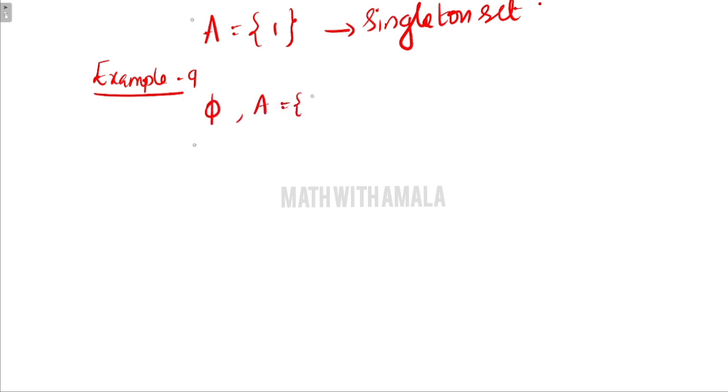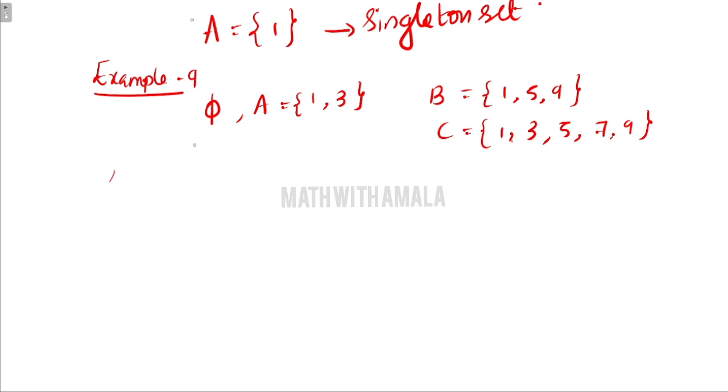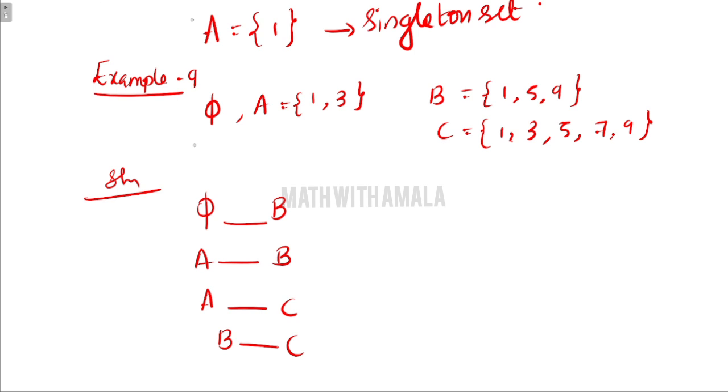Now, let us consider example number 9. A is equal to {1, 3}, B is equal to {1, 5, 9}, C is equal to {1, 3, 5, 7, 9}. We have to find the subset relations: how phi and B are connected, A and B, A and C, B and C. Let's see. Phi is a subset of B, because phi is a subset of every set.